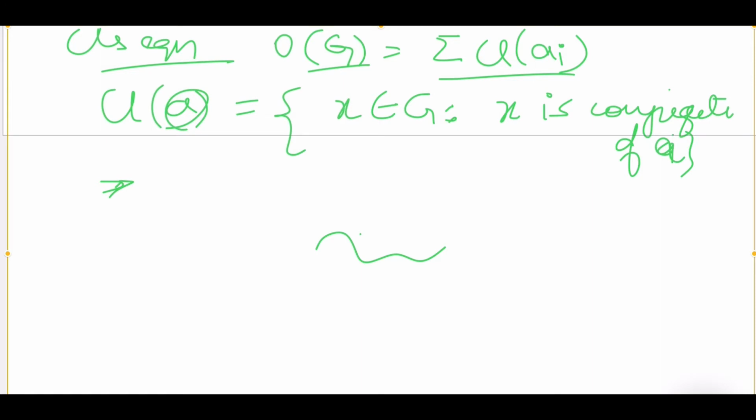Also, a conjugate means you are operating X and X inverse on both sides of A, like this. So the collection of all these elements is a class basically.